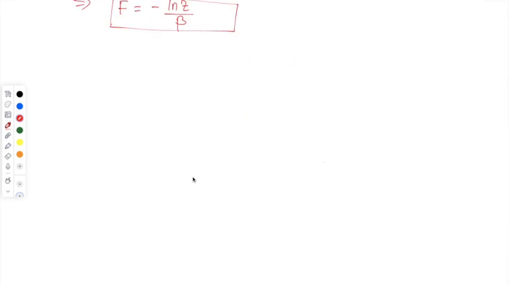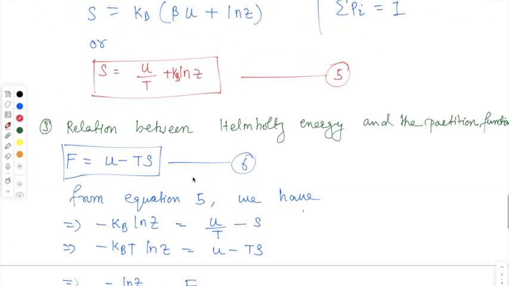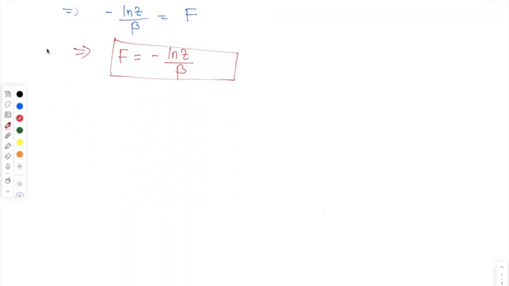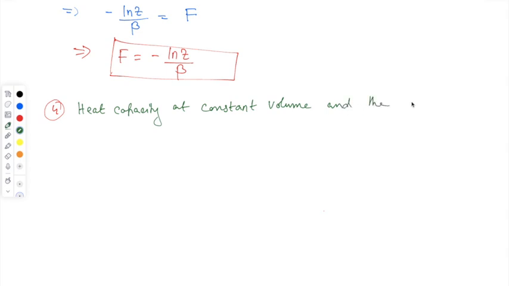Now the next relation, which is relation number 4, is between heat capacity at constant volume and the partition function.